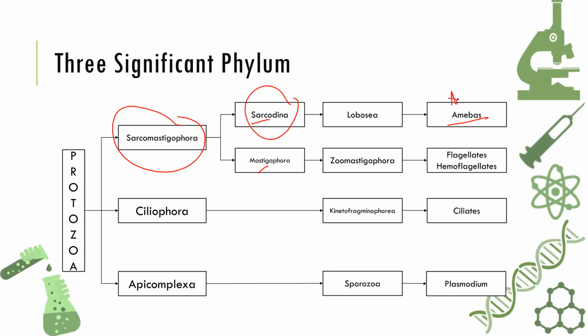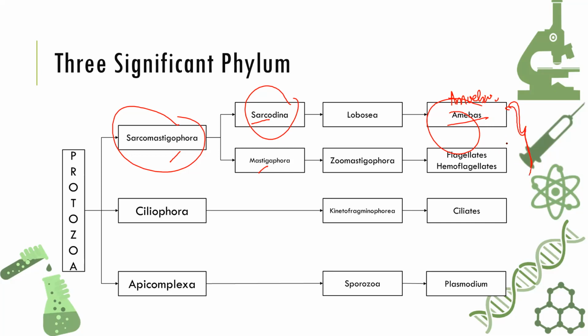Again, amoebas can be spelled with "oebas", or as simply "amebas", and this is a protozoan. Under Mastigophora, we have the flagellates and hemoflagellates. These three are all considered Sarcomastigophora. Please don't be confused.